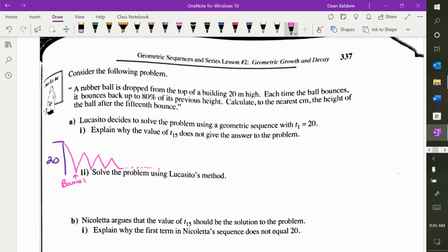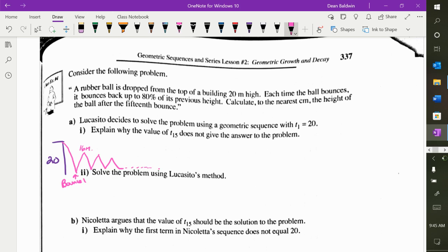How high does it bounce up to after bounce 1? 80% of 20, which is 16. So this is 16 meters high. And then it's 80% of 80% of 80% all the way down the line.